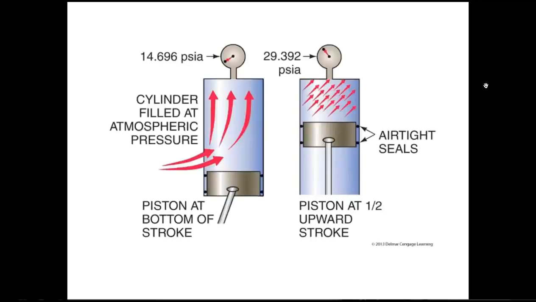Okay, and here's an example of that. So here's our piston, and we fill this piston with air, and it's at atmospheric pressure, which is 14.7 psi, and we reduce this piston by half the size. We compress this gas, and we reduce the volume in half. It doubles the pressure.